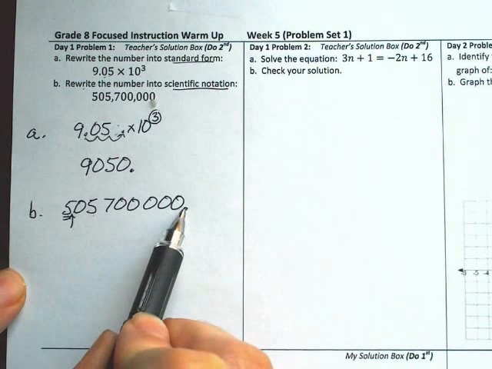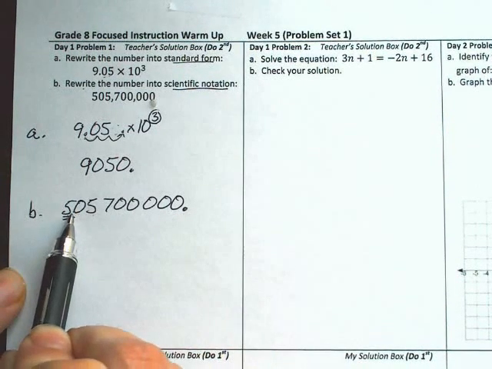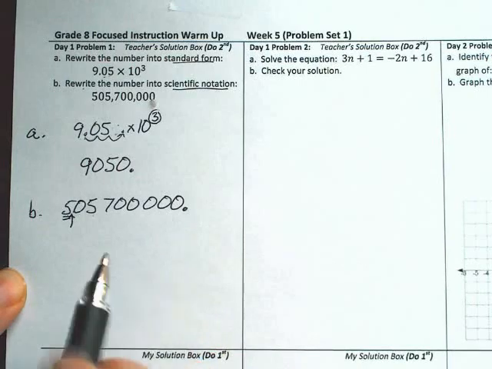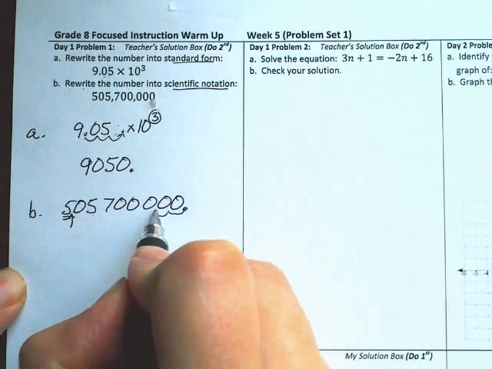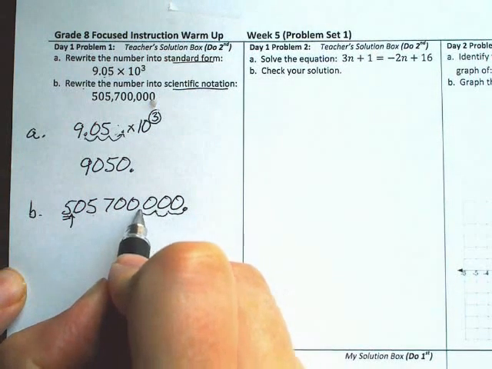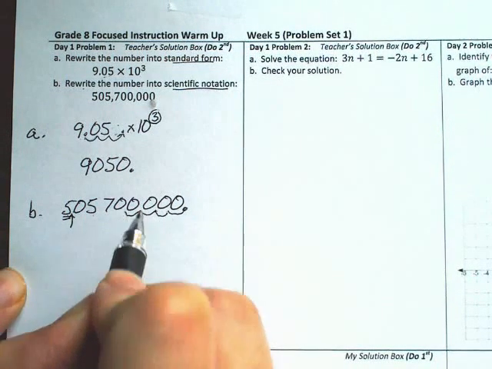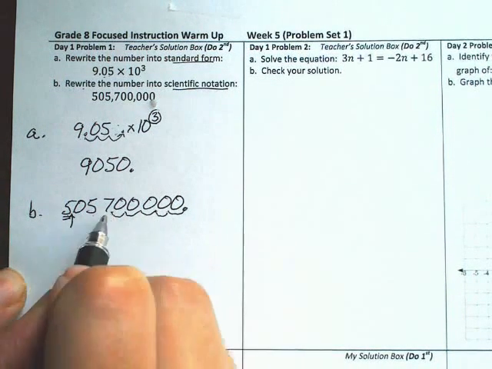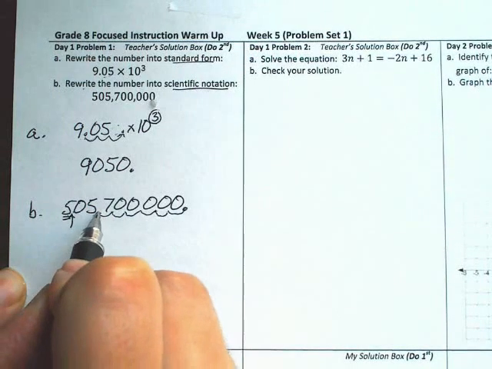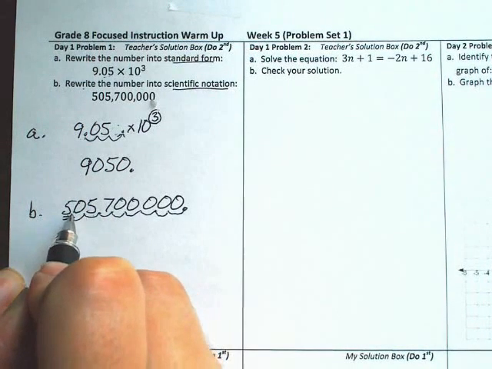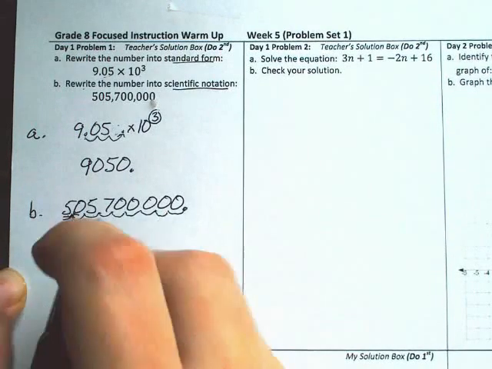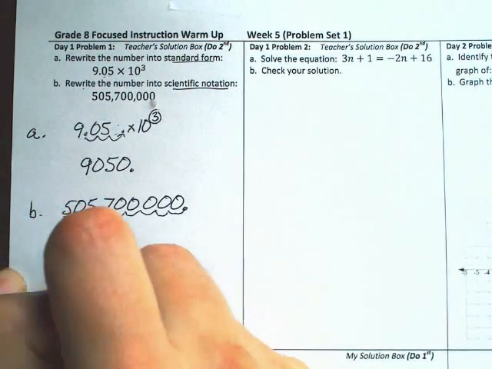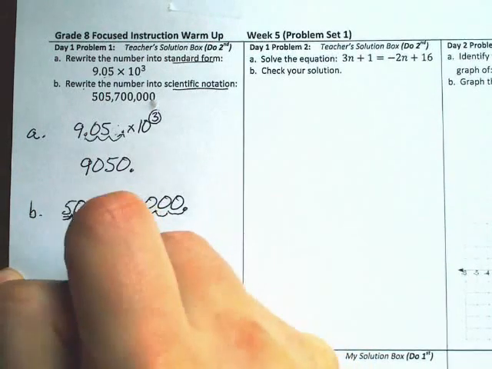So let's move this decimal point to that position and count how far we move it. 1, 2, 3, 4, 5, 6, 7, 8. 8 spots.